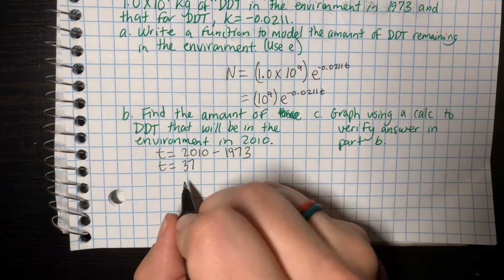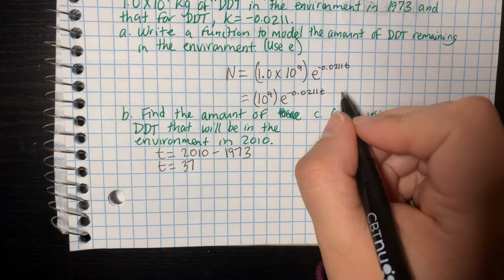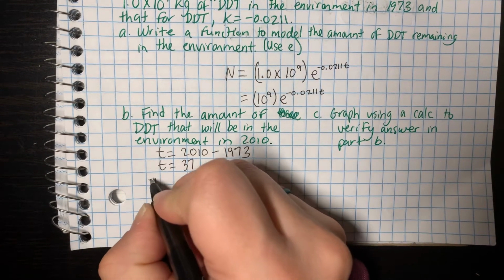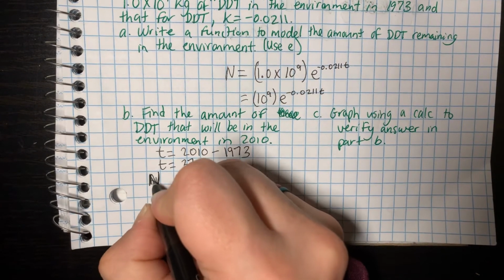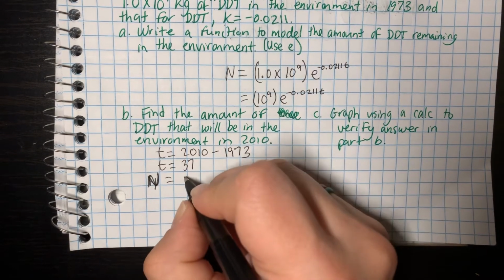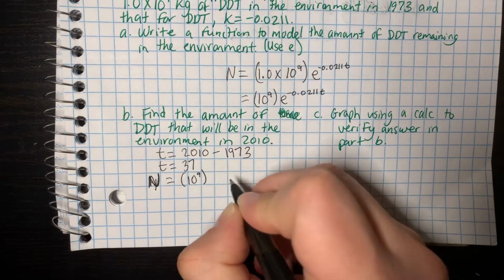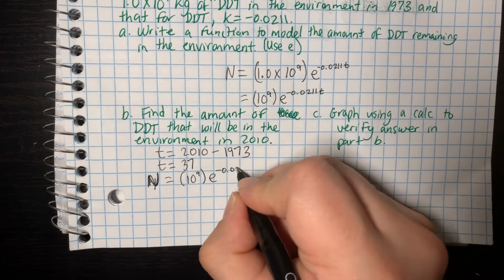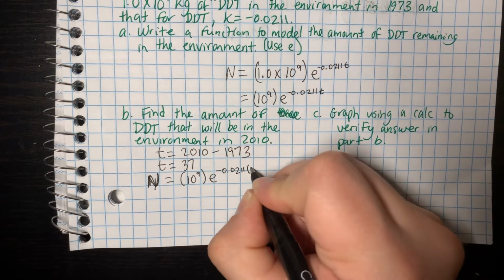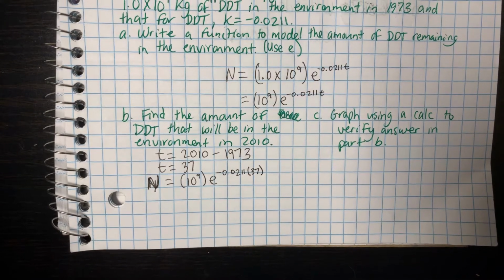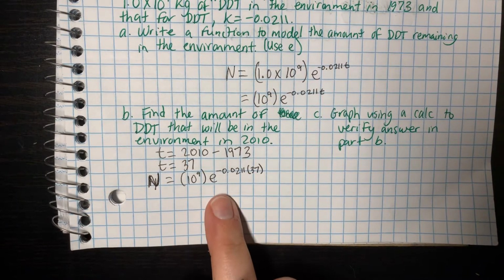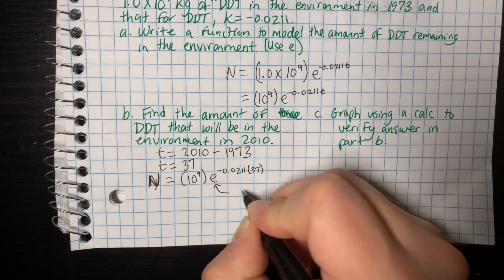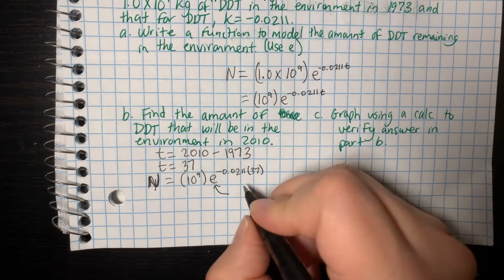All right, now we need to just plug that into our equation right here. So we'll have N equals 10 to the 9th e to the negative 0.0211 times 37. Plug this into your calculator using the number e. This is a calculator button.